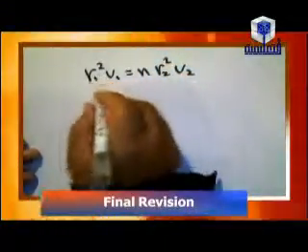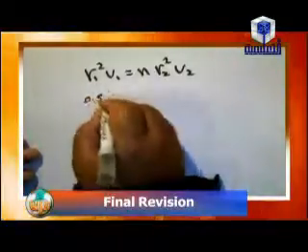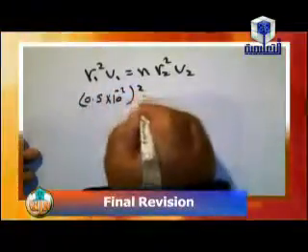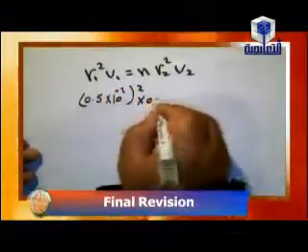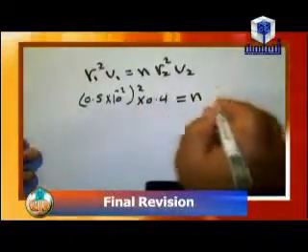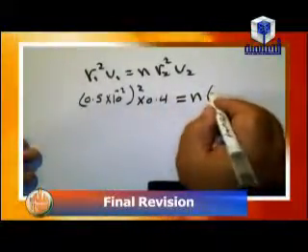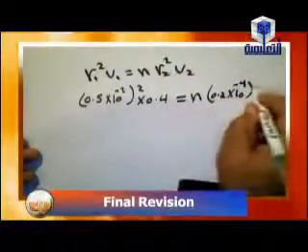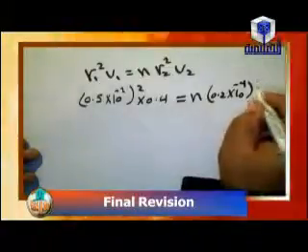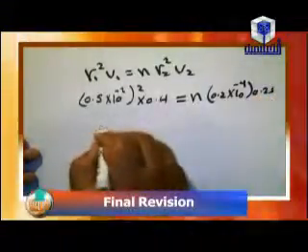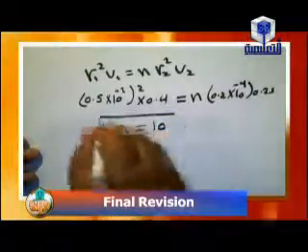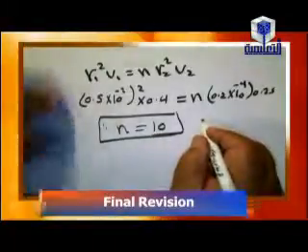R1 equals 0.5 times 10 to the power negative 2, all squared, times 0.4, equals N times 0.2 times 10 to the power negative 2 squared, to convert it into meters squared, times 0.25. Then N equals 10. Let's move to another question.